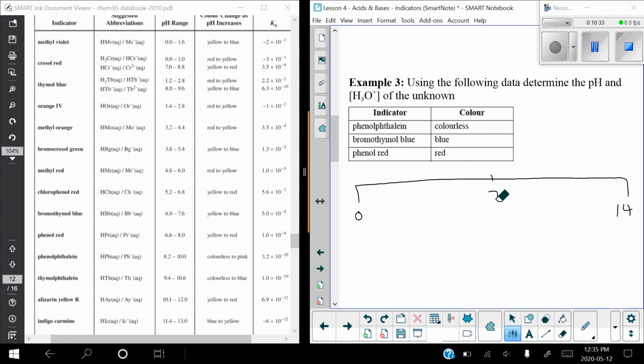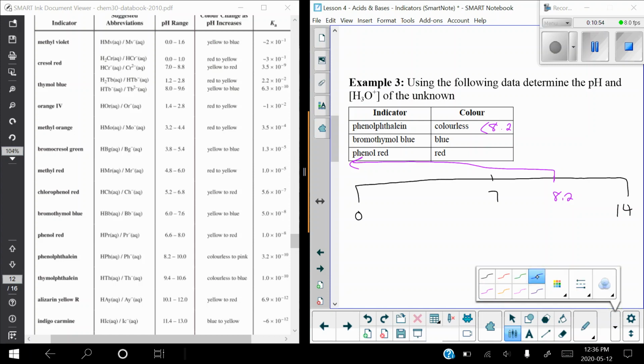Okay, phenolphthalein. Phenolphthalein turned colorless, so that's the same. It's going to be less than 8.2. So I'm going to find 8.2, and it's going to be less than. The next one is bromothymol blue, turned blue.